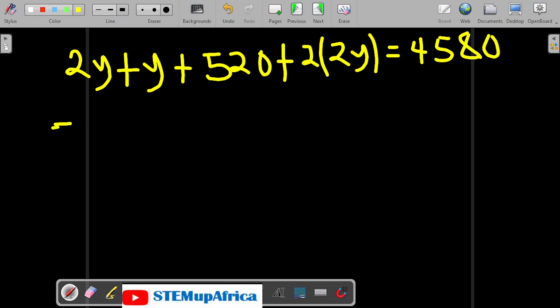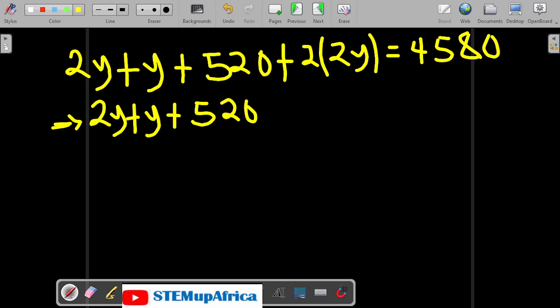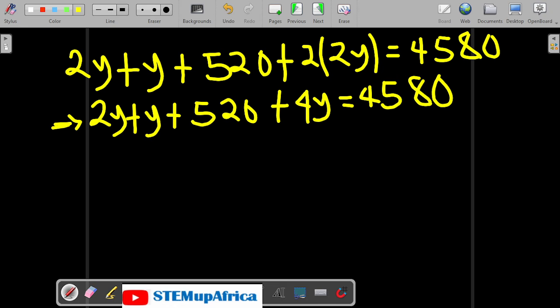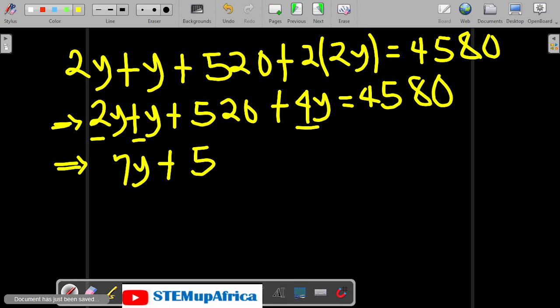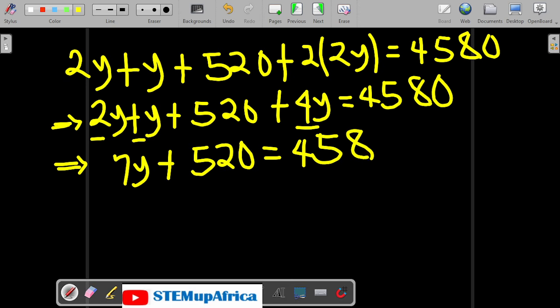If I simplify what I have, this implies 2y plus y plus 520, then 2 times 2y will give us 4y, equals 4,580. So I will add those I can add. 2y plus y will give us 3y, plus 4y, that is 7y, plus 520 equals 4,580.